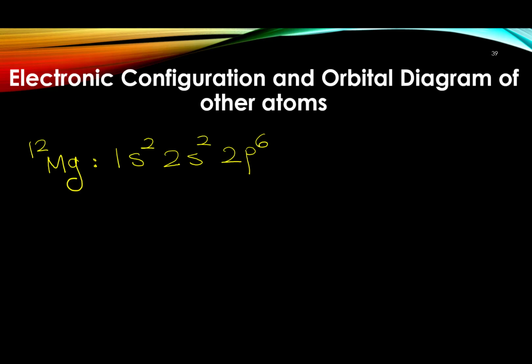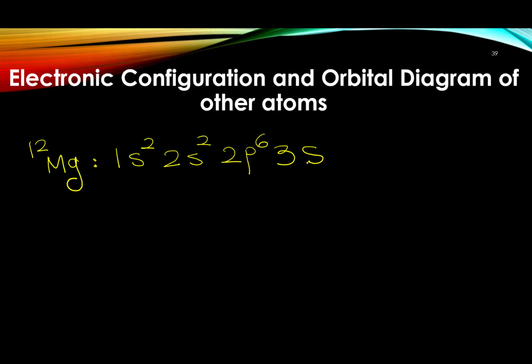Now we have to go to the next energy level. Why? Because in the second energy level, or principal energy level, we only have s and p orbitals. Okay? Now we have to go to the third energy level. And in the third energy level, the s orbital has the lowest energy. Okay? That's why we go to 3s.